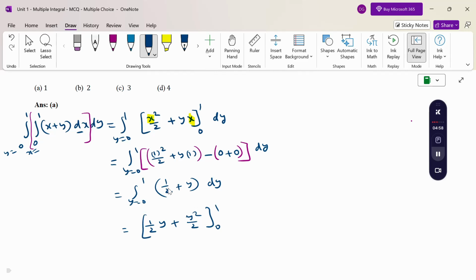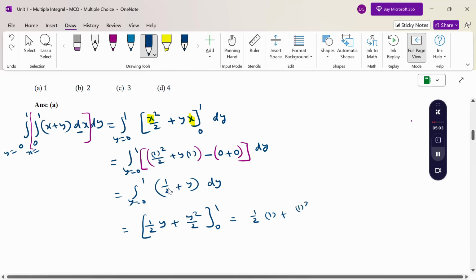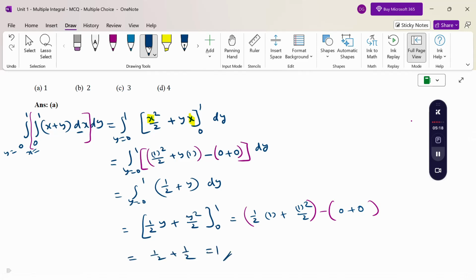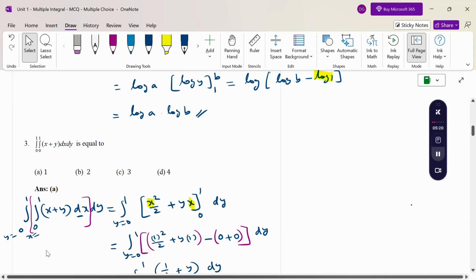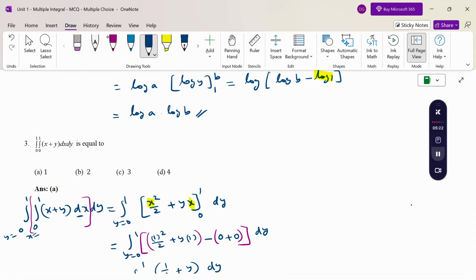Substitute upper limit and lower limit: 1 by 2 into 1, plus 1 square by 2, minus lower limit 0 plus 0. Now 1 by 2 plus 1 by 2 equals 1. Check this option: option A, 1.